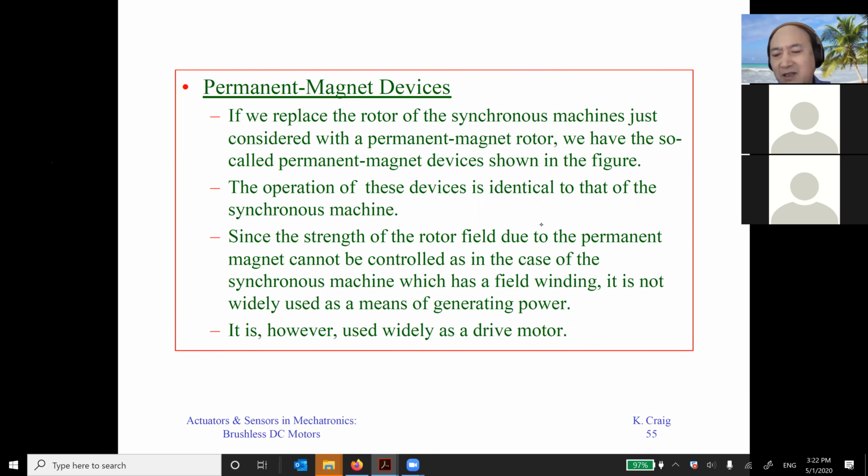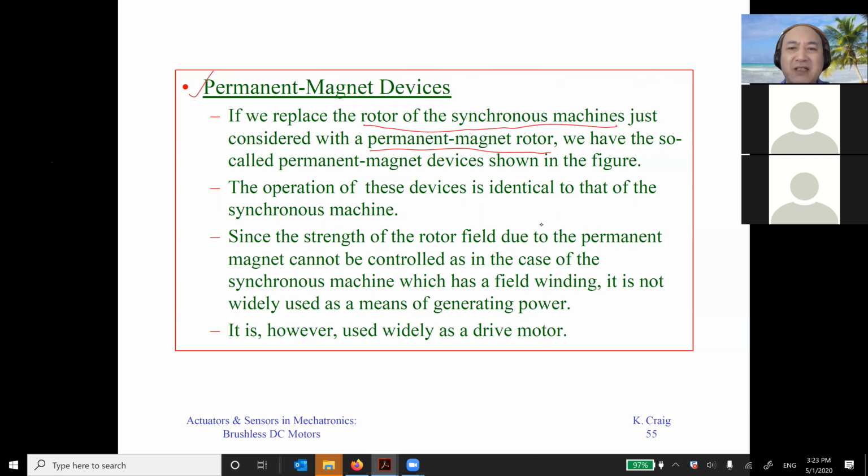But if that is hard for you to understand, let's focus more on the permanent magnet device. If we replace the rotor of the synchronous machine, the rotor itself is a permanent magnet rotor. That actually helps us to understand what's going on.